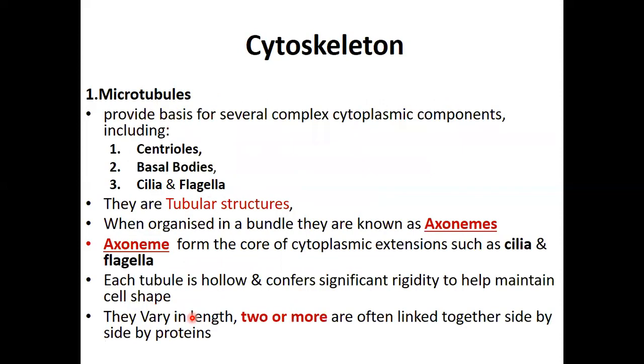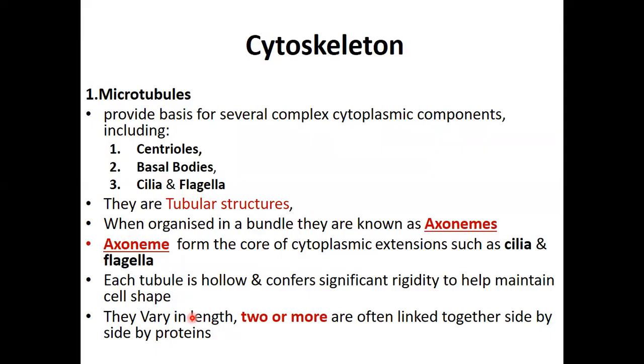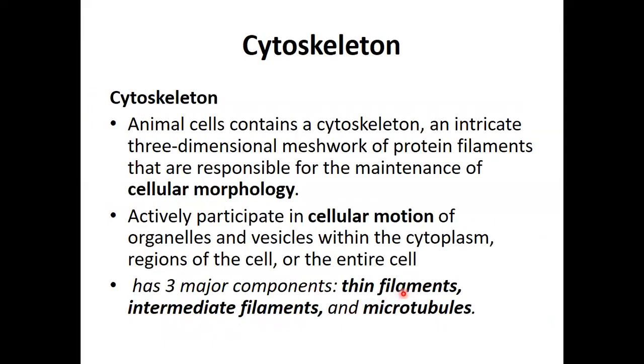Cytoskeleton are of 3 types: microfilament, intermediate filament, and microtubule. So there are 3 protein fibers found within the cell, which we call cytoskeleton.